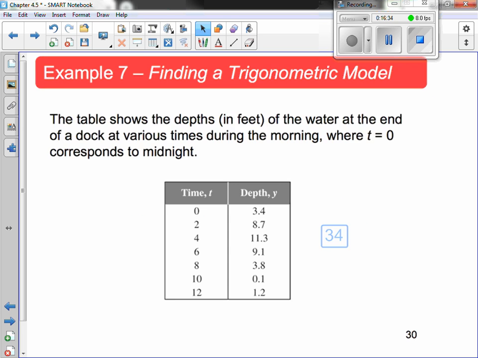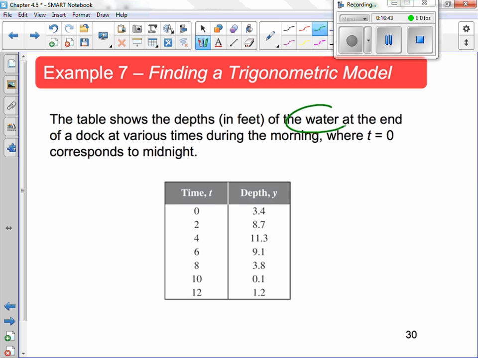So now we can model this, and they do it a lot with waves. Now this example problem here, they're going to use water because water is what most people think of as waves, but it's not the only one. Sound.